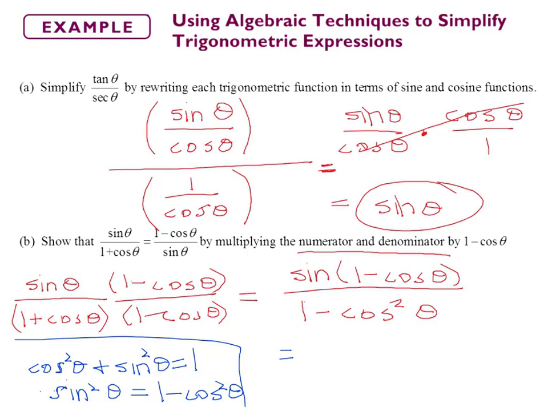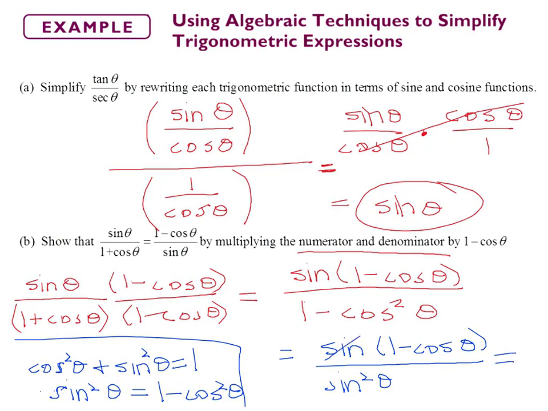So we can say this is equal to sine theta times 1 minus cosine theta over sine squared theta, and then we can simplify this.